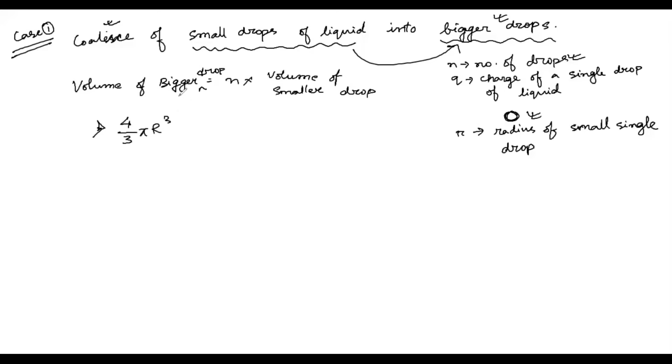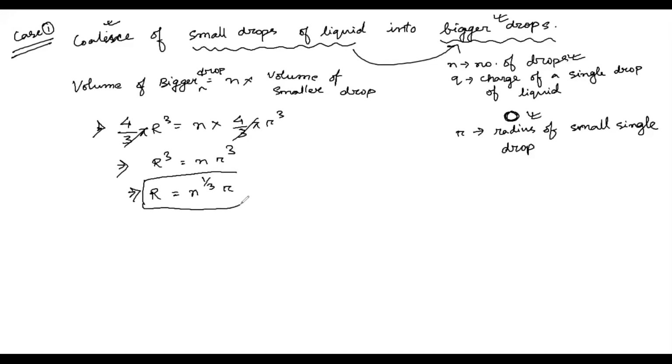So R is the radius of the bigger drop, which is nothing but n times the volume of the smaller drop, which is 4 by 3 pi small r cube. So when you cancel out this 4 by 3 pi and 4 by 3 pi, you get the relation between the radius of the bigger drop and the radius of the smaller drop, which is nothing but n to the power 1 by 3 times r. So this is the relation between radius of bigger drop and the radius of smaller drop. Okay, this is equation number 1.